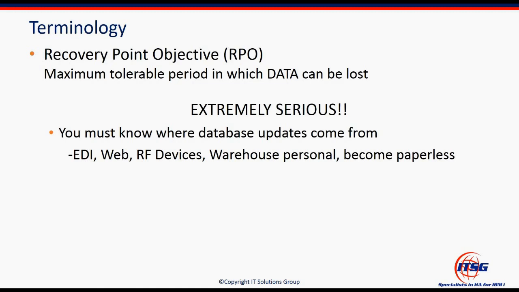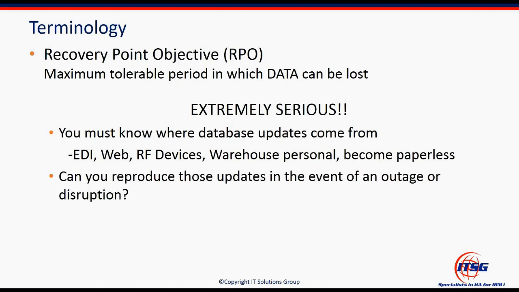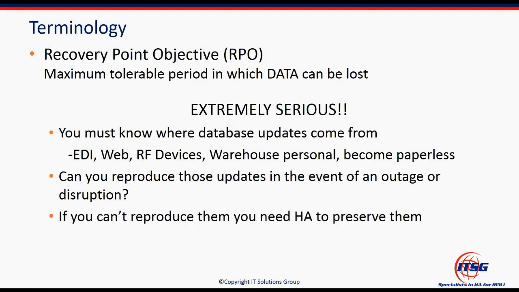Well, in the event of a disaster, can we reproduce those updates? Can our warehouse personnel go back through and rerun their forklift and replay their day so that they can re-update their database in the event of an outage? If you can't reproduce them, you need HA to preserve them.